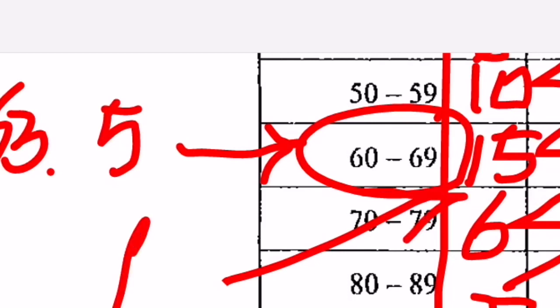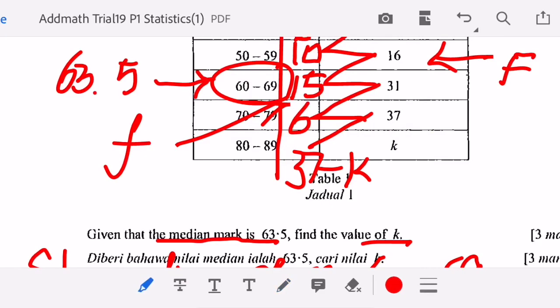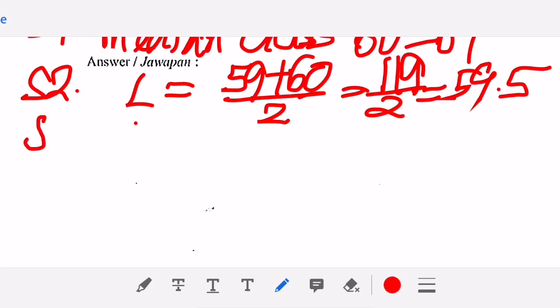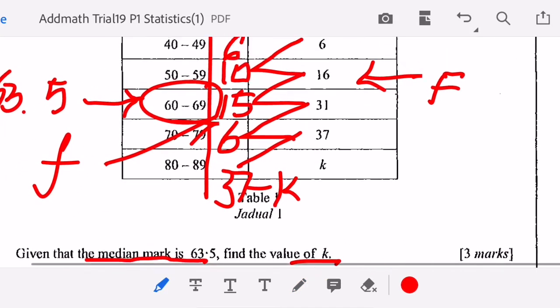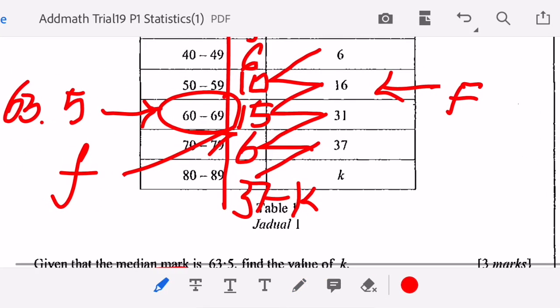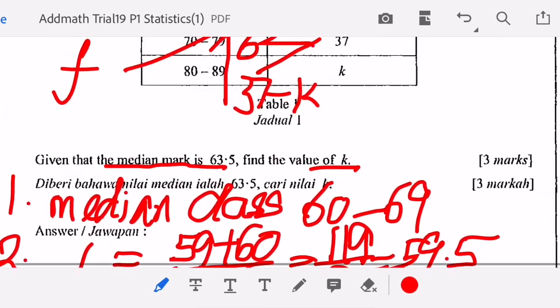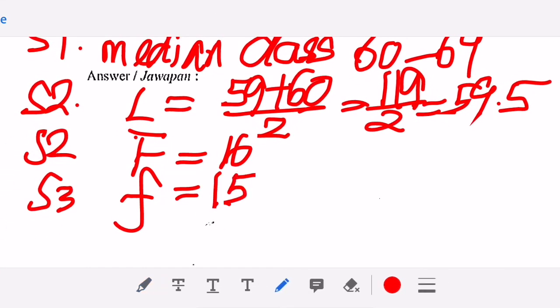Now we have big F and small f. The big F is the cumulative frequency before the median class, so it's 16. The small f is the frequency at the median class, so it's 15.